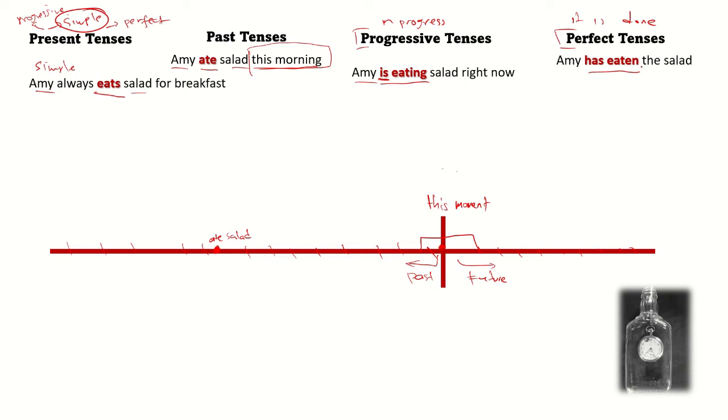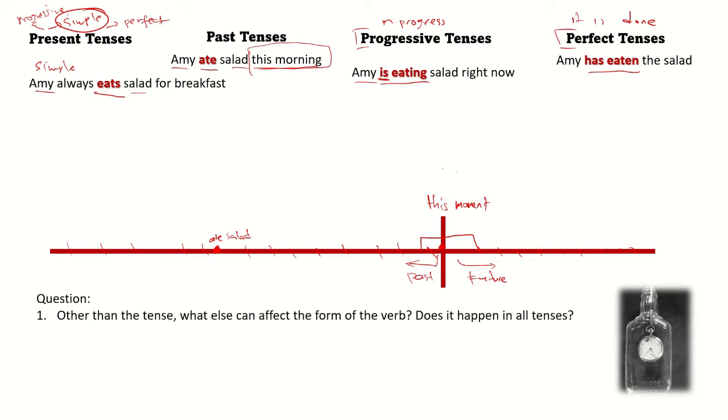And then we have, okay, question. Actually, other than tense, what else can affect the form of the verb? And does it happen in all tenses? Try to find the answer for that question. And please give 3 examples of sentences that use dative verbs.